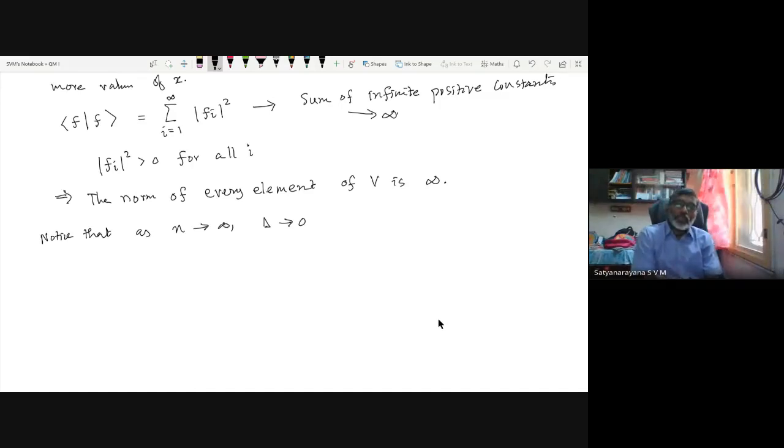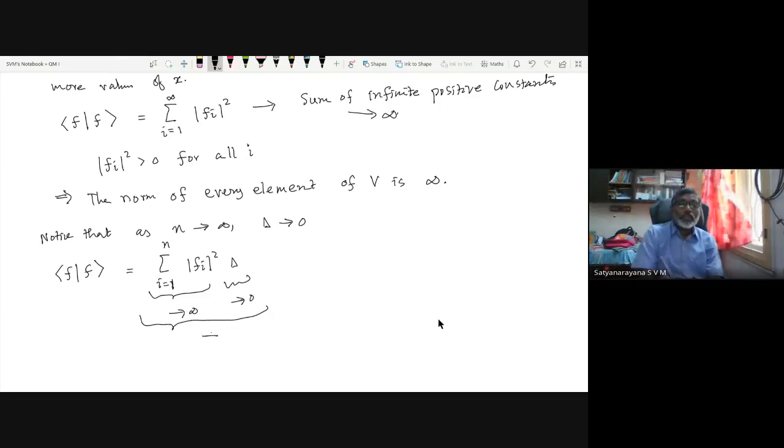So what we can do is define this as the sum over i equal to 1 to n of modulus fi square, which goes to infinity, and multiply it with delta, which goes to 0, so that the product will remain finite. So that is the idea.